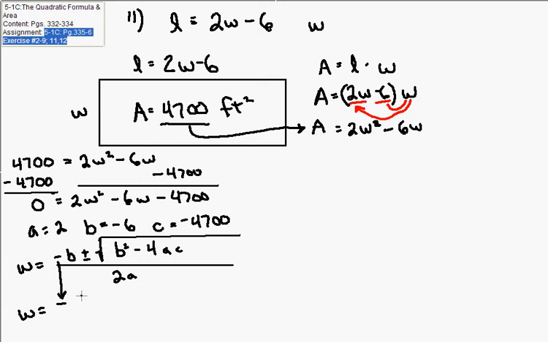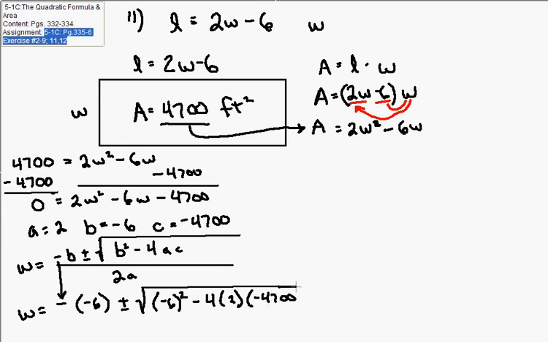Now our b is negative 6, so we're going to have negative 6, notice I put that in parentheses, plus or minus, then we have the square root, and here we have negative 6 squared minus 4 times 2 times negative 4,700.